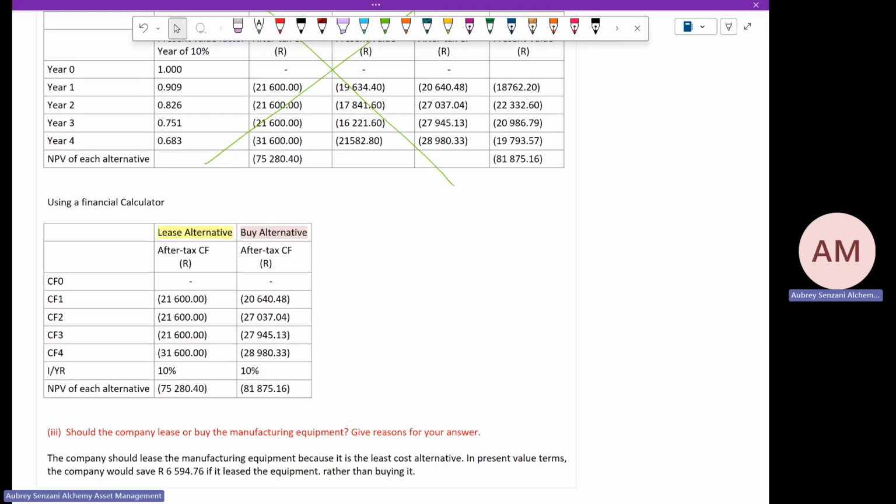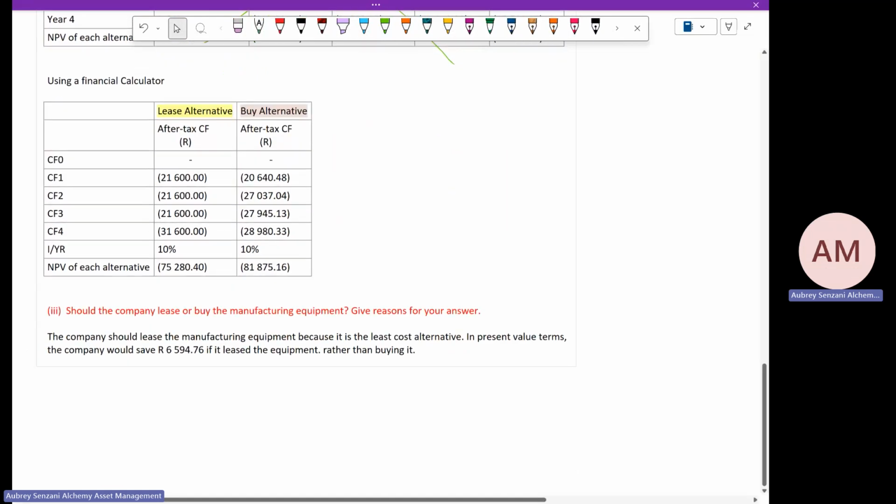So already you can see which alternative is more expensive for us. The buy alternative, because it's higher. Okay. Right. So just from looking at that, which alternative are we going to go with? We should go with the lease. Okay. So here, let's see what they're saying in point 3.